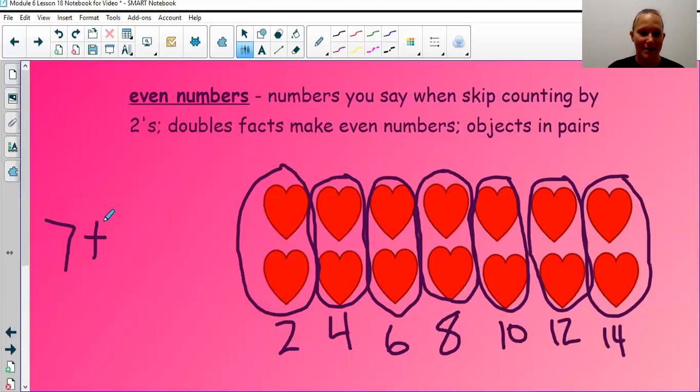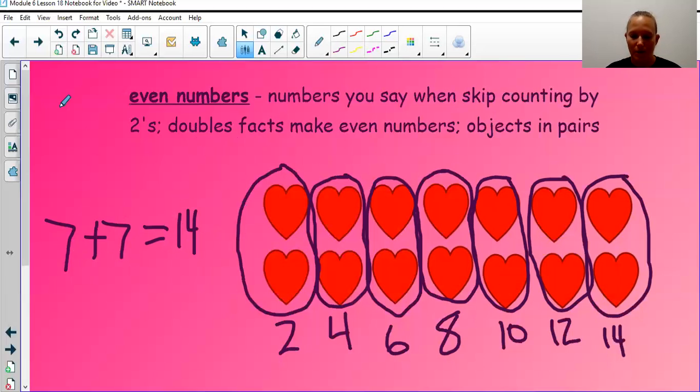I added 7 more hearts to get 14. 7 plus 7 is a doubles fact. So even if one of the add-ins isn't even, like we have here with 7 plus 7, we know 7's not an even number because we proved that before. Even if these are not even numbers, 2 odd add-ins can make an even number.